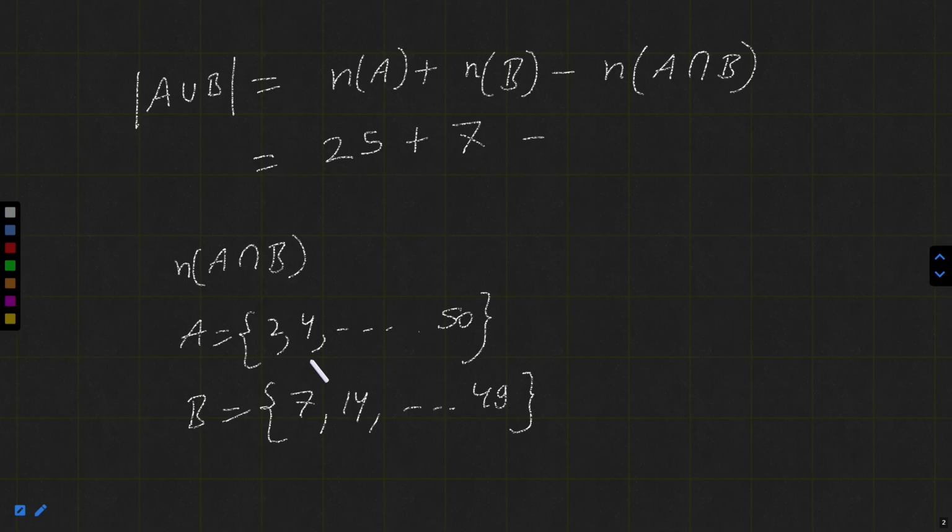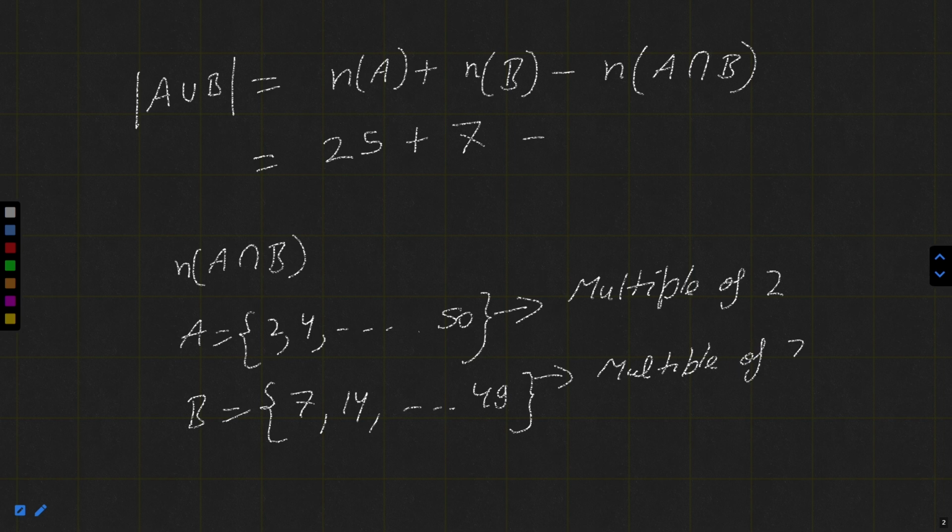Now the common elements: elements of A are multiples of 2, and elements of B are multiples of 7.